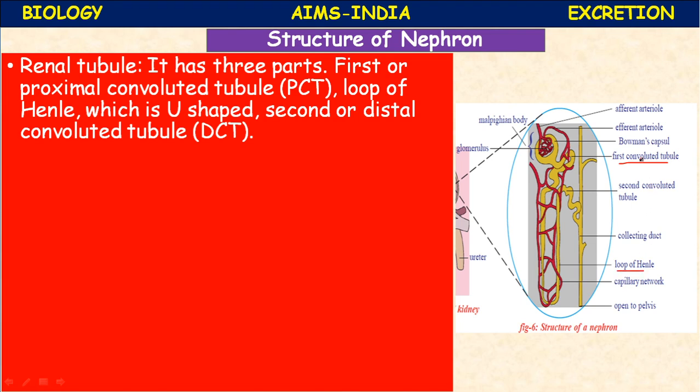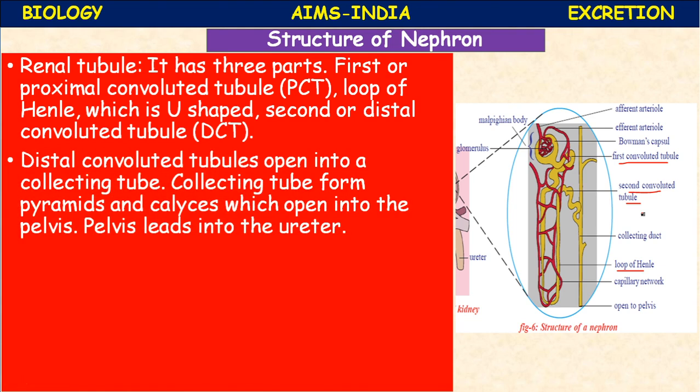The proximal convoluted tubule is connected to the distal convoluted tubule with the help of this hairpin-like, U-shaped structure called the loop of Henle. The third part is the second convoluted tubule, or distal convoluted tubule.